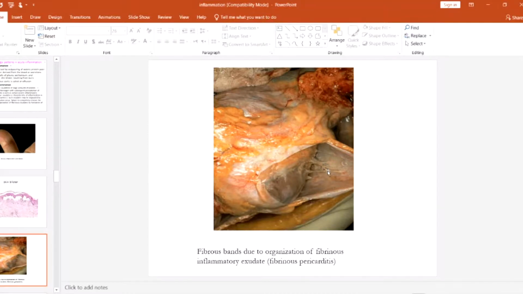Fibrinous inflammation is characterized by deposition of fibrin. It basically starts the cascade of making blood clots. It is a form of severe inflammatory response characterized by deposition of fibrin, which is a protein.